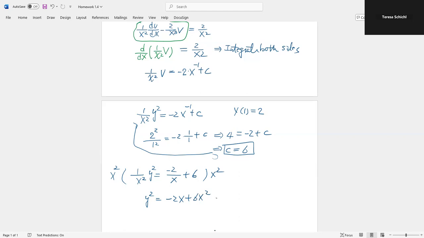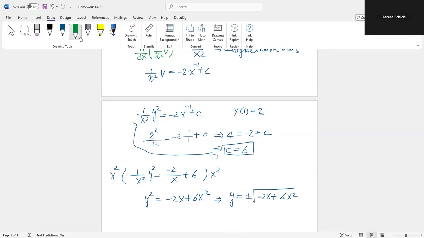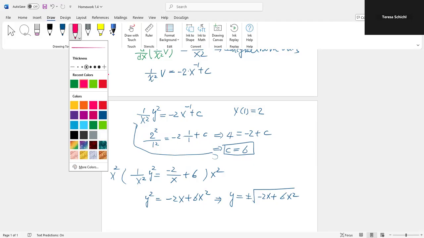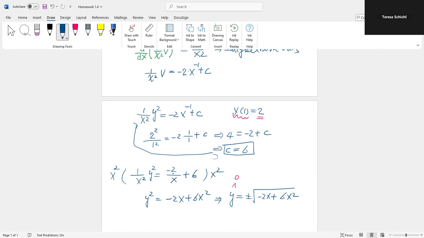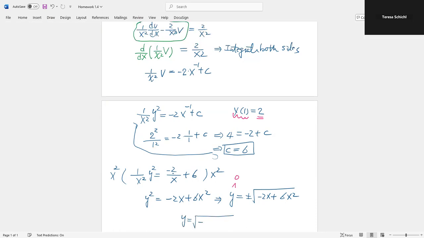After I did that, I take the square root, so y can be plus or minus the square root of negative 2x plus 6x squared. Take a look here: because my initial condition is y(1) equal to 2, y is greater than 0. That is why my final answer will be y equal to the positive square root of negative 2x plus 6x squared. This will be my final answer.